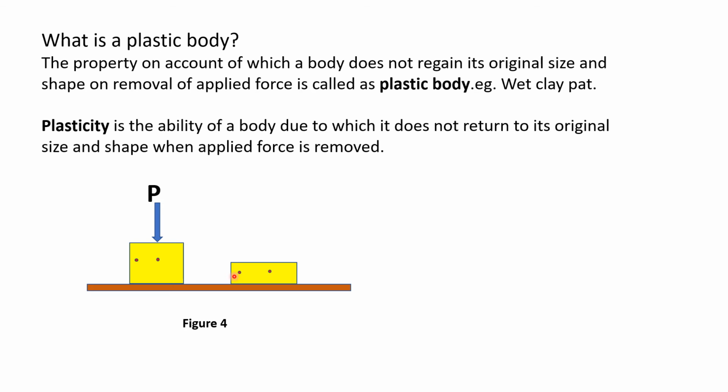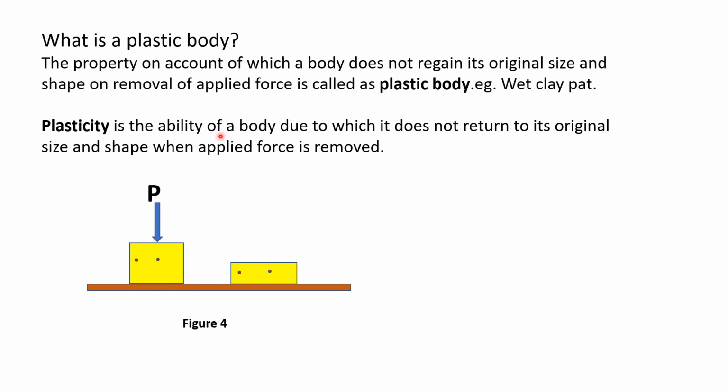So a plastic body is a body which does not regain its original size and shape on removal of the applied force. When you apply a force, it changes in its dimension, but if I remove the force, still it will not come back to its original size and shape, then that body is called a plastic body.